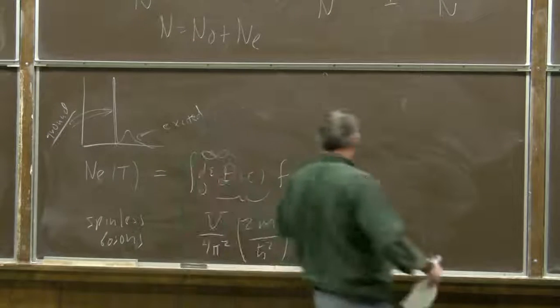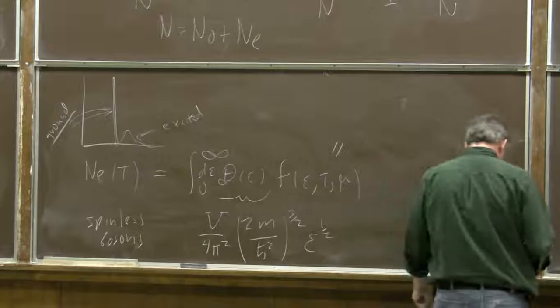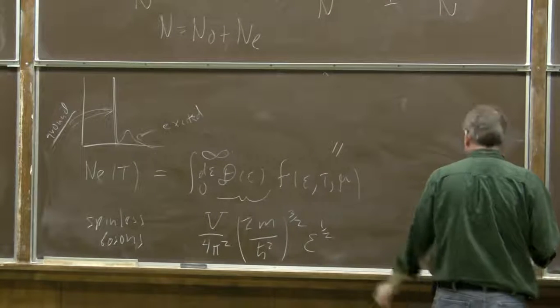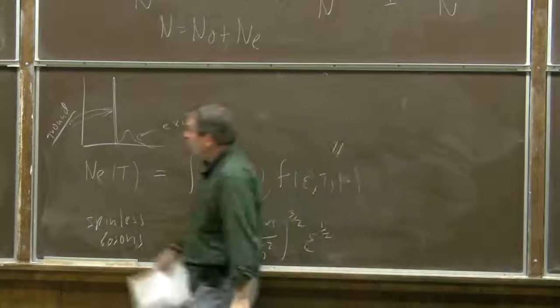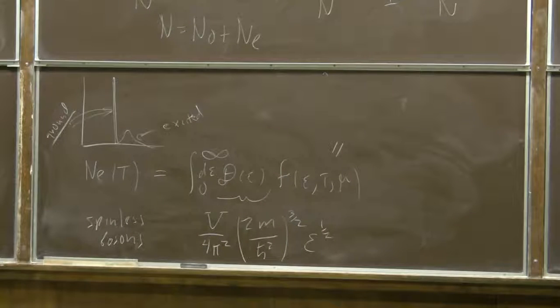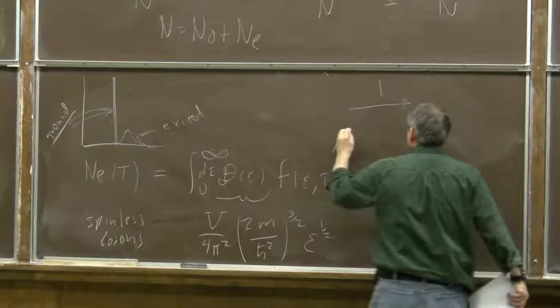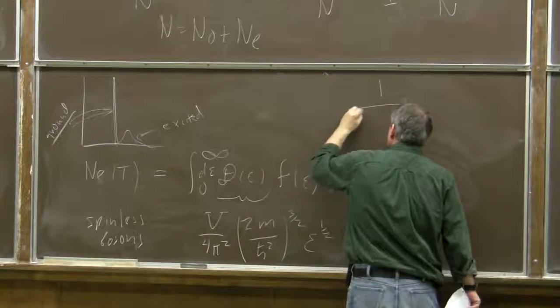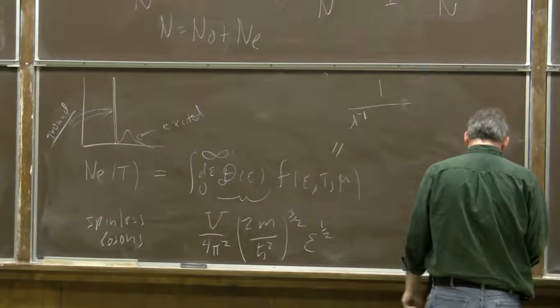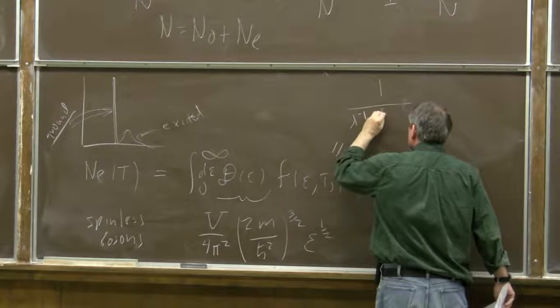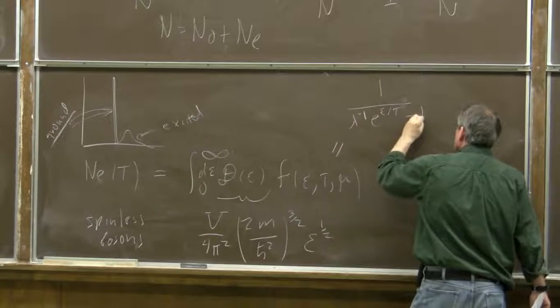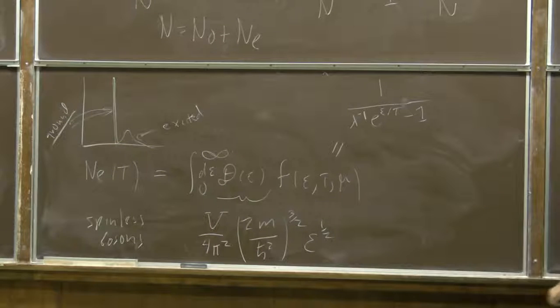And the distribution function is the Bose-Einstein distribution. I'll write it in terms of the activity, which is e to the mu over tau. So it's 1 over lambda inverse, that's e to the minus mu over tau, times e to the epsilon over tau, minus 1, for the distribution function.